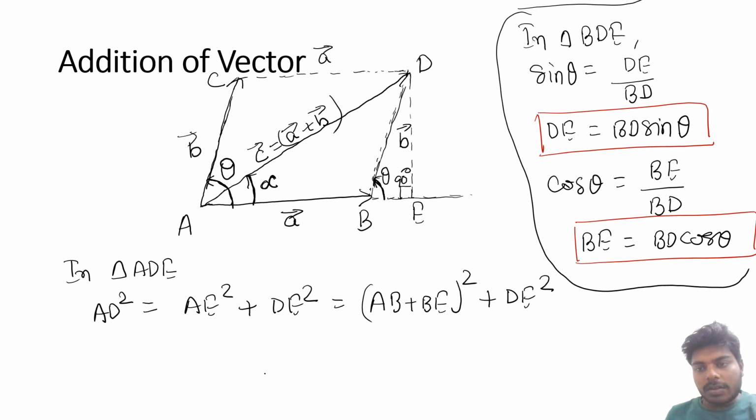Now come to here again. Actually, AD square is equal to AE. What is AE? AE is AB plus BE, and AB is AB वेक्टर का मैग्नीट्यूड, क्या है?